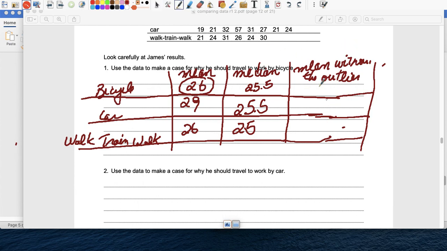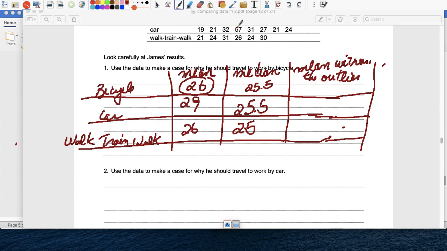Vamos a hacer el mean otra vez, pero vamos a quitar este número. We're going to take out the 57 because the 57 was that day that there was a lot of traffic, it rained, or there was an accident, something happened. Right? So it's an outlier. It's really way above everybody else.